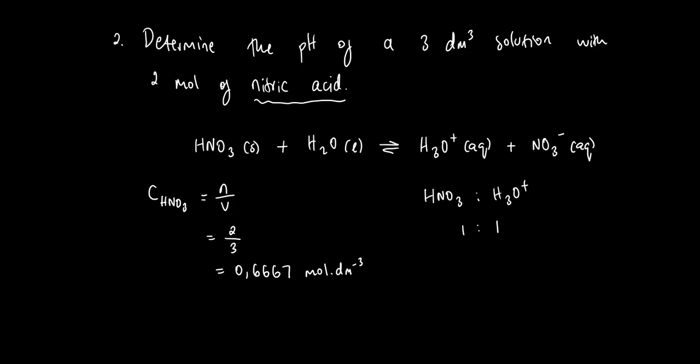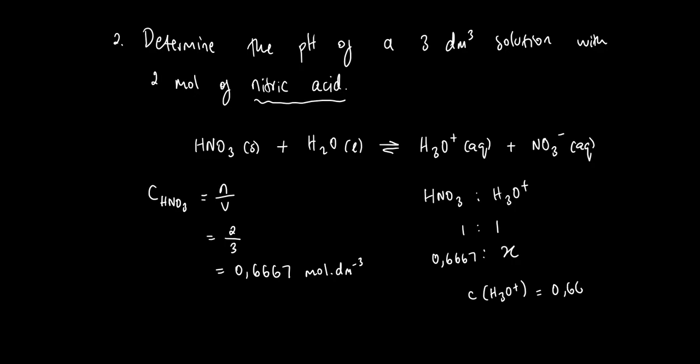For now you know the moles of HNO3, that is 0,6667, and this is X. So you just solve for X, and then you get that the concentration of H3O plus is also going to be 0,6667 mole per decimeter cubed. So that's what you want to do.